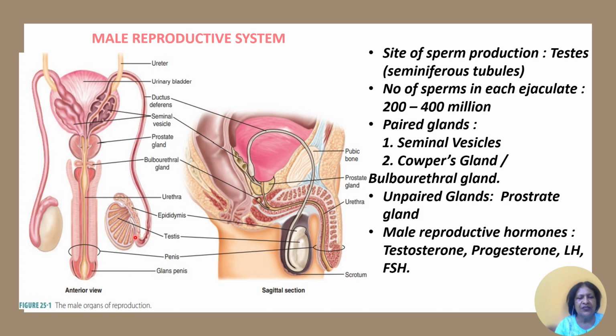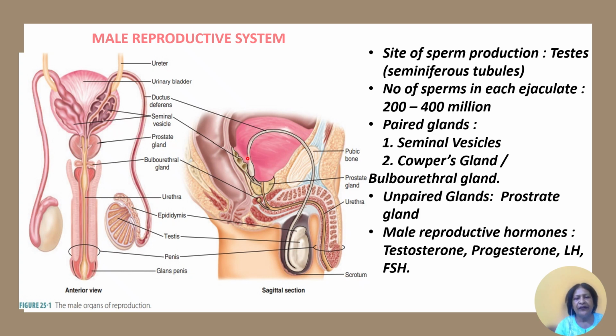And all these tube-like structures of the epididymis now join together to make a thicker tube, which is called the vas deferens or the sperm duct. Then this sperm duct progresses upward to come close to the urethral opening, and before that we find quite a number of paired and unpaired glands in the male reproductive system.